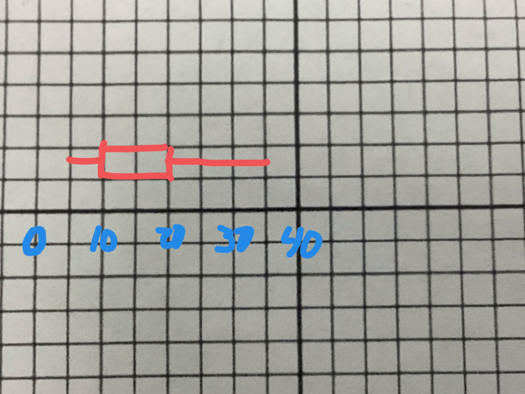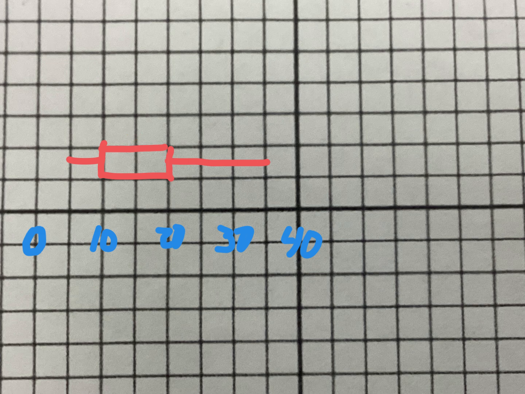But I'd like to note that the line that goes down the middle here, I'm going to make it red, does not have to be right down the middle. The median doesn't have to be right in the middle of that box.